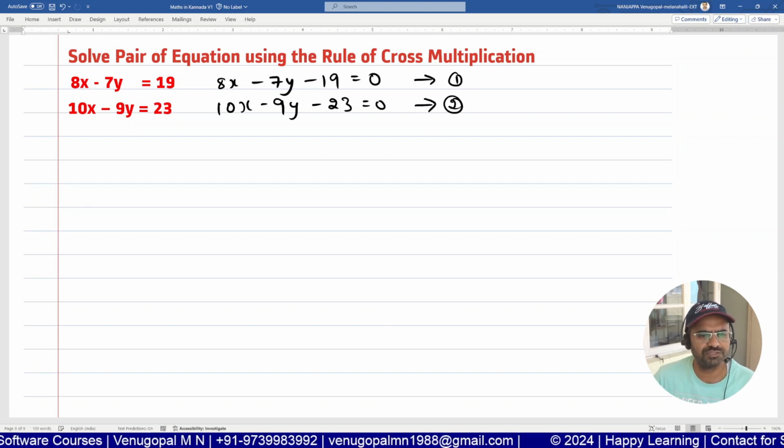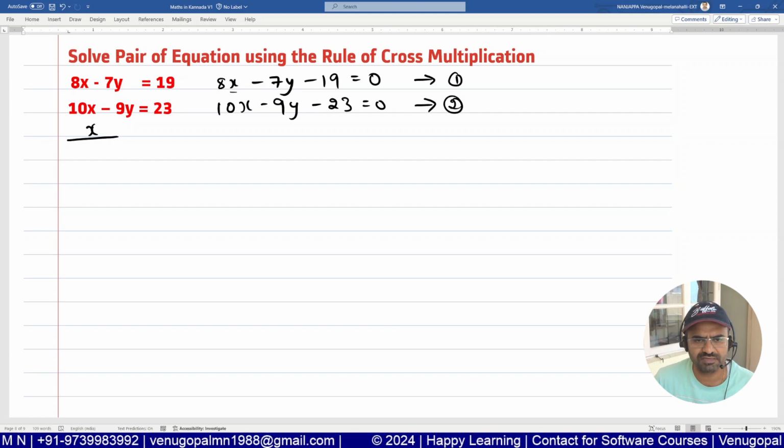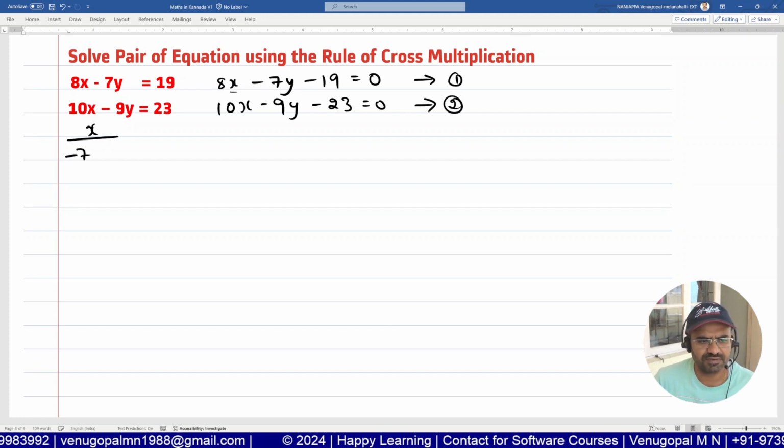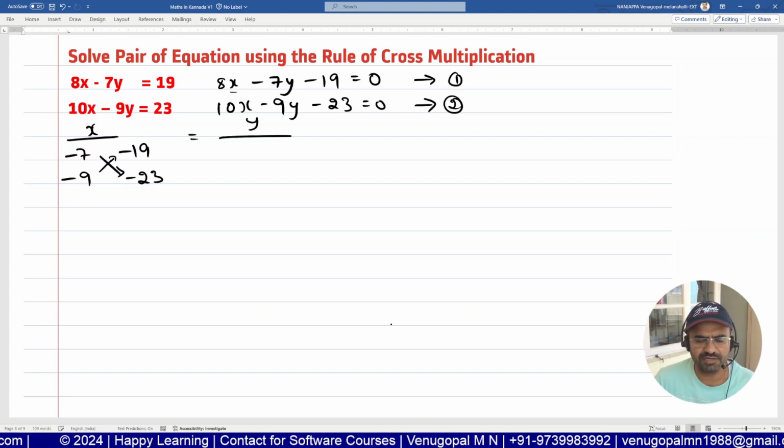Now let us write the coefficients for x and y. X is equal to x divided by, we are writing the coefficient for x, so now we have to consider minus 7 minus 9 and minus 19 minus 23. Minus 7 minus 9, minus 19 minus 23. We have to multiply this and then multiply this, equal to y divided by, we are writing the coefficient for y.